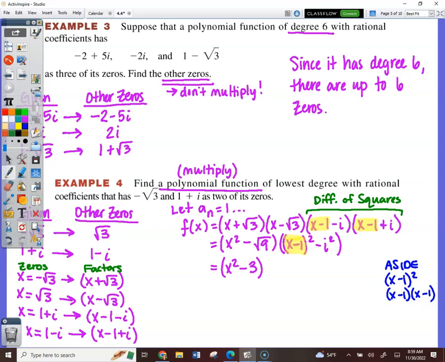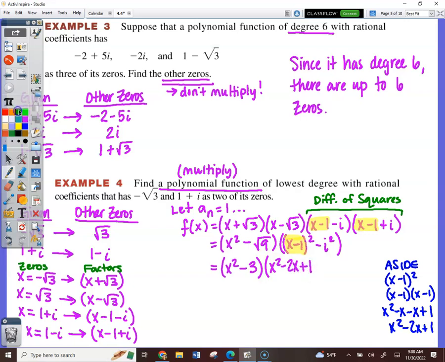So that'd be first, outer, inner, last. I'm going to put that right here: x squared minus 2x plus 1.